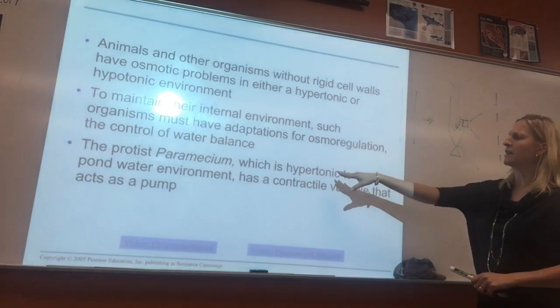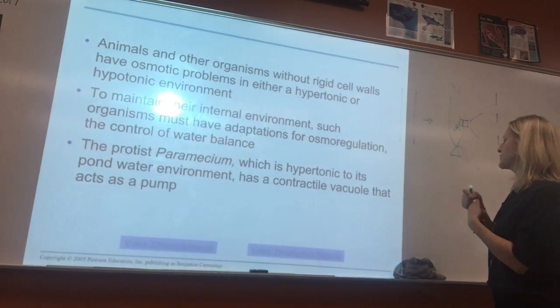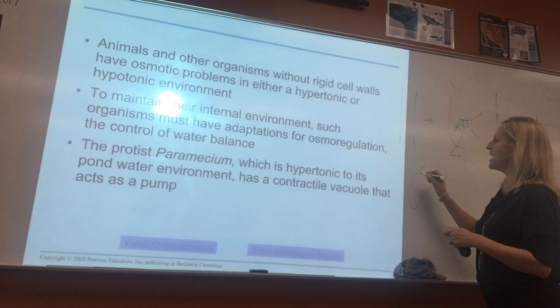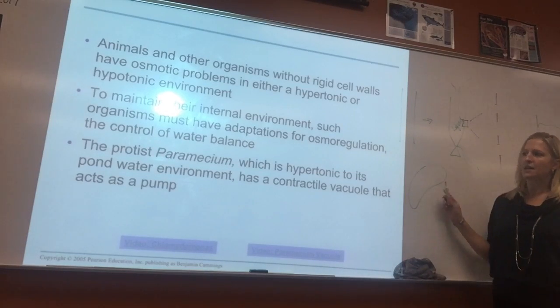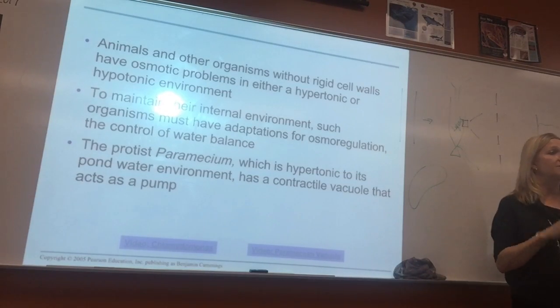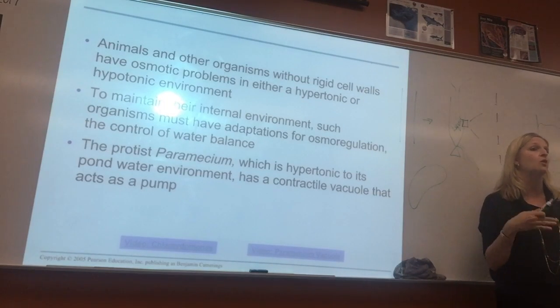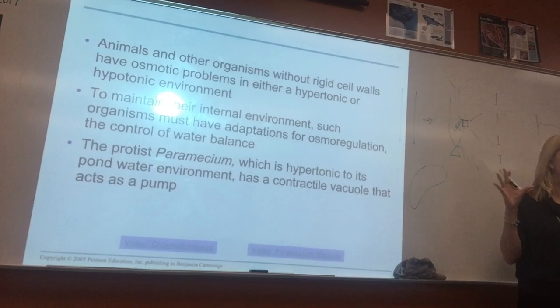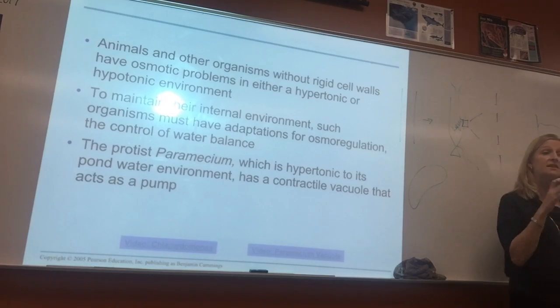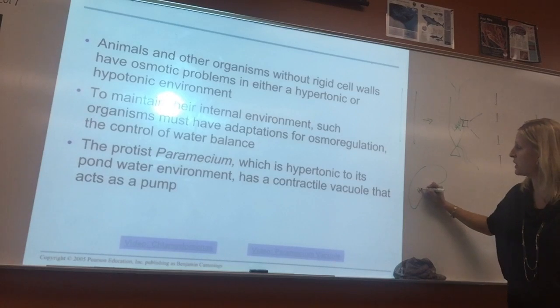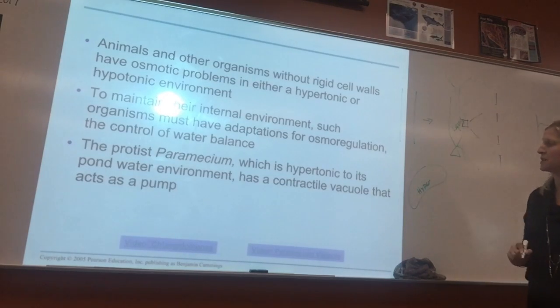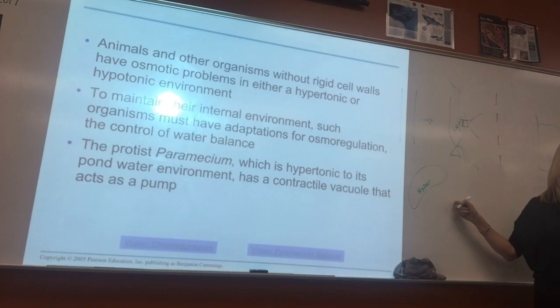So before I even go on here, when it says the paramecium, a unicellular organism, is hypertonic to its pond water environment, you should be able in your head to visualize what that means. So where the higher concentration of water is, inside the cell versus outside the cell. So this is what we know. This is hypertonic compared to its pond water environment. What does that mean about the pond water versus the inside?